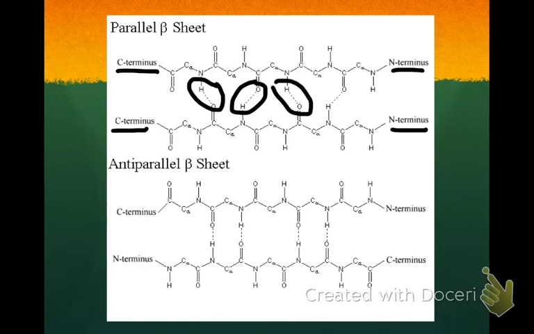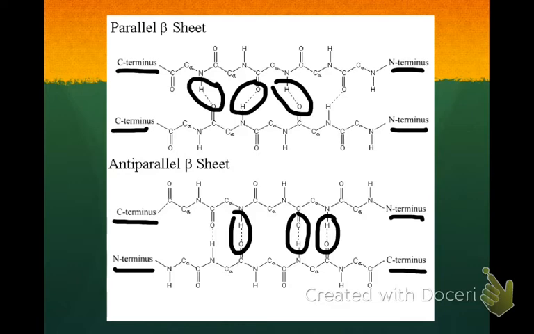And in anti-parallel sheets, you would have two polypeptides that would be folded on each other, where we have C-terminus and N-terminus lining up, and then N-terminus and C-terminus lining up on the other end, and then we have hydrogen bonds occurring like so.